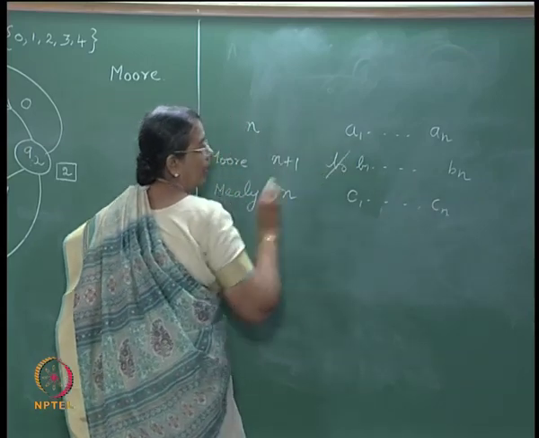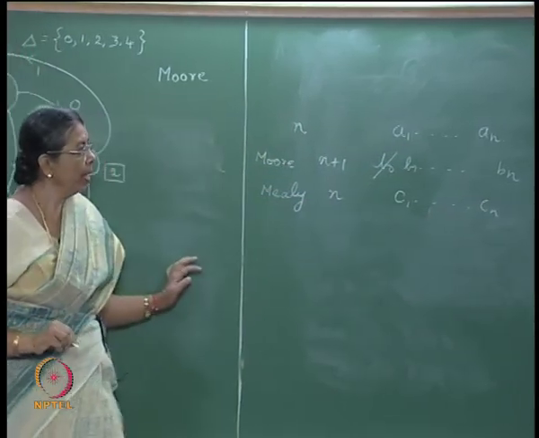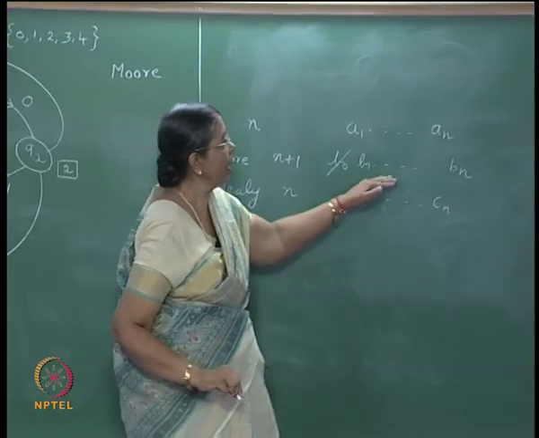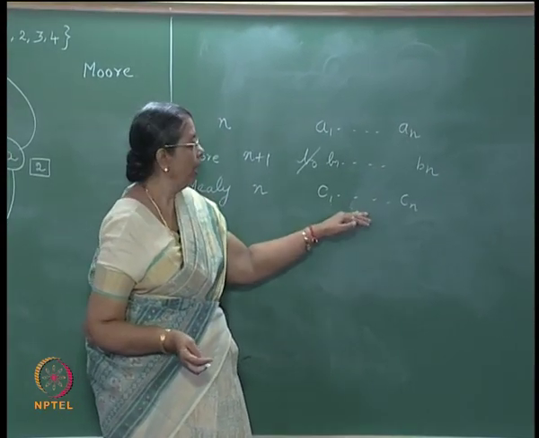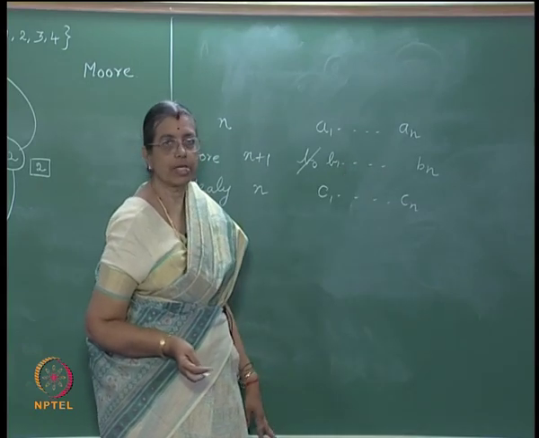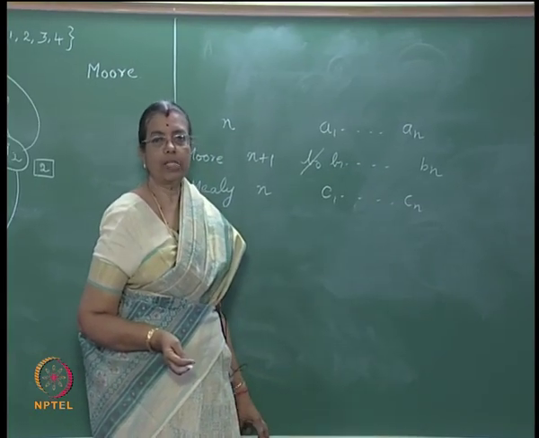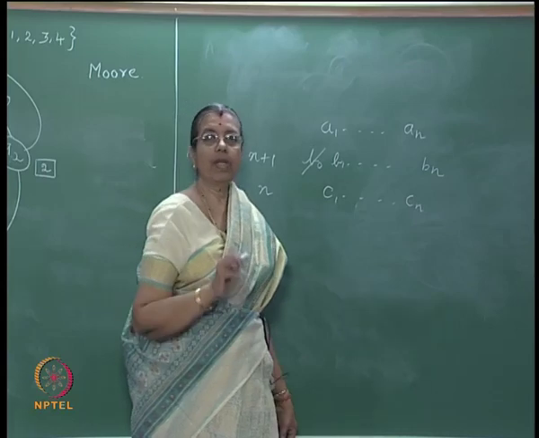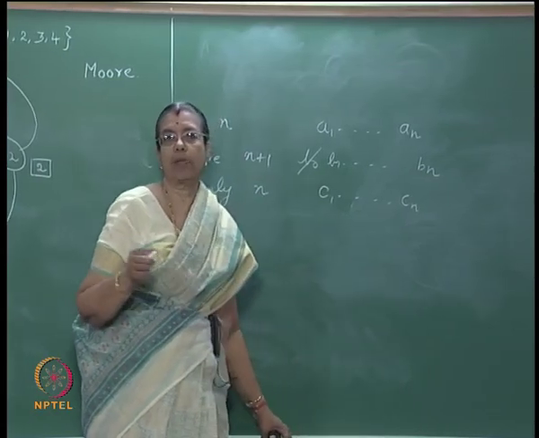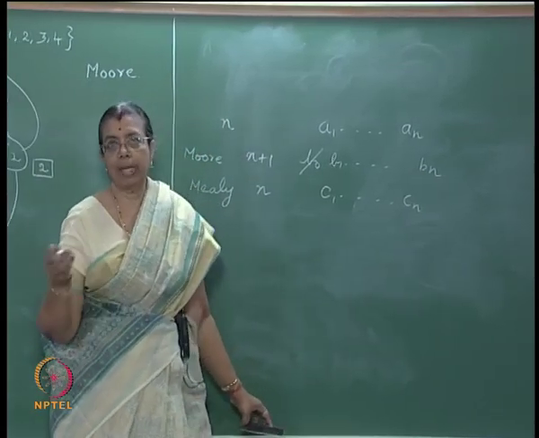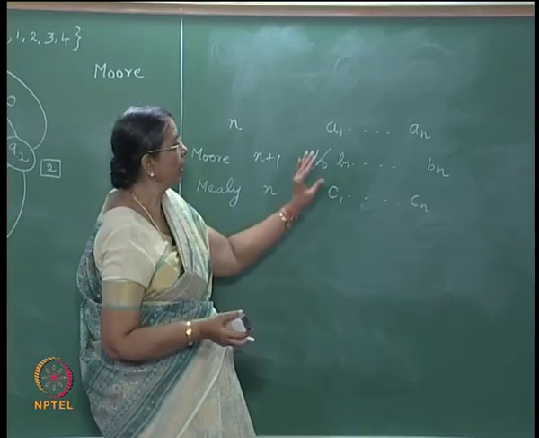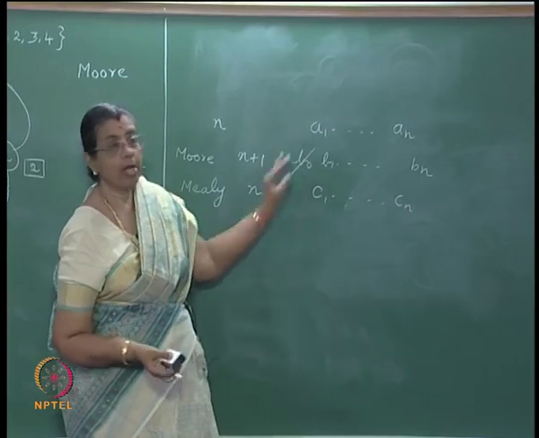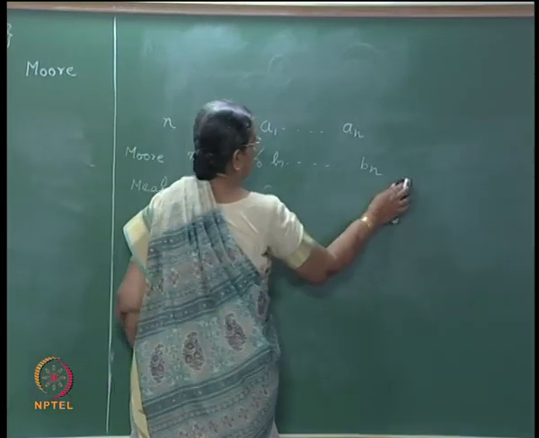If I ignore the first output, then can I say this can be equivalent to this if you construct it in a proper manner? That is what we want to see. Given a Moore machine, how to construct an equivalent Mealy machine, and given a Mealy machine, how to construct an equivalent Moore machine, ignoring the first output in the case of a Moore machine.